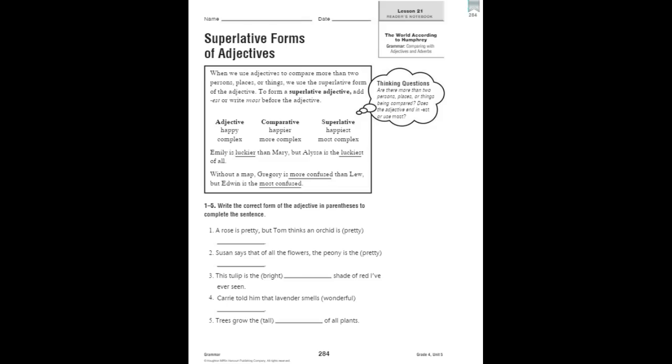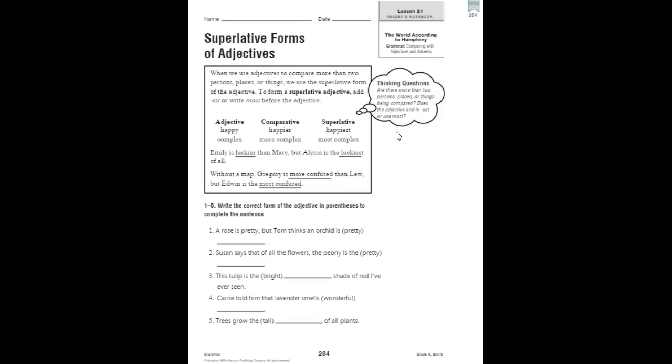Now it's your turn. All the information, like on the projectable, is up here with examples of the adjective, the comparative, and the superlative. You are going to write the correct form of the adjective in parentheses to complete the sentence. So remember, your thinking question is, are there more than two persons, places, or things being compared, and does the adjective end in est, or does it use most?